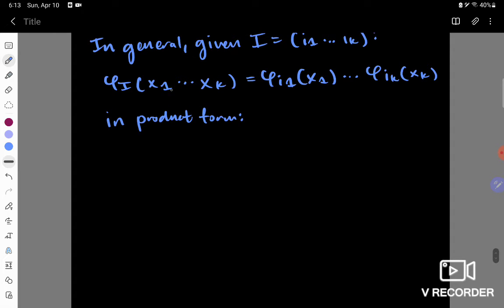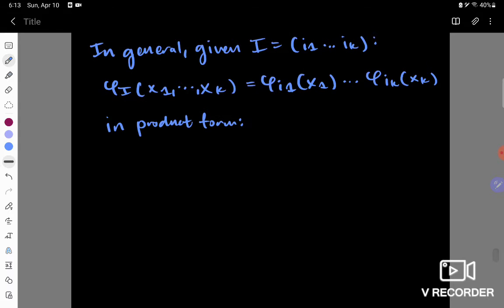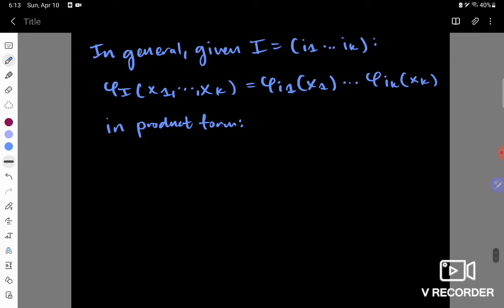Sorry, this is not a product on the left. This should be written with commas, and I've not been doing a totally comprehensive job of specifying when something is a product or a list, but this is taking in k arguments, which we should expect because it's a k-tensor, and this is a product on the right-hand side.